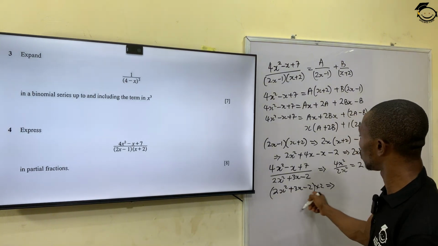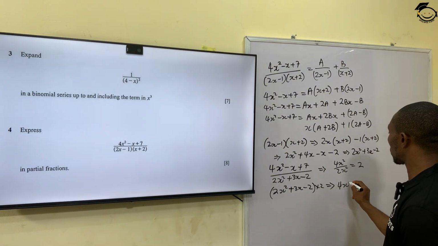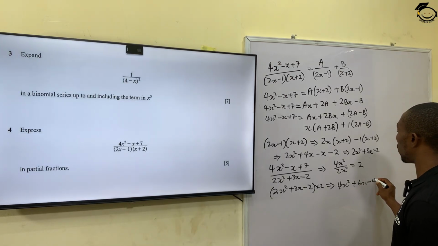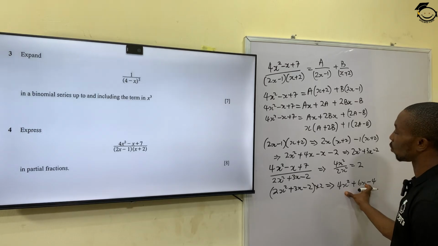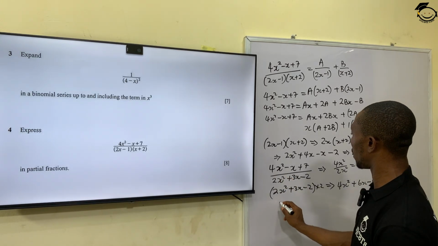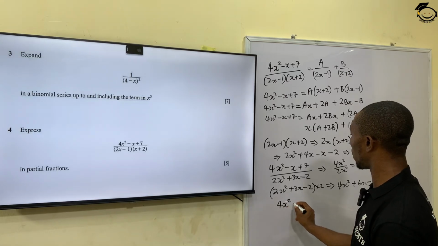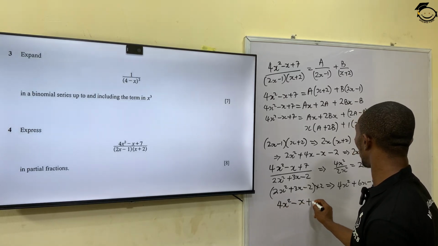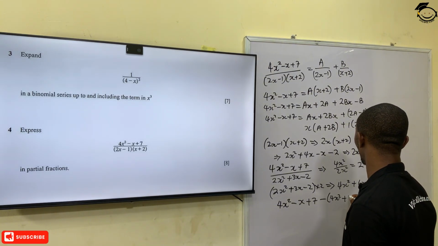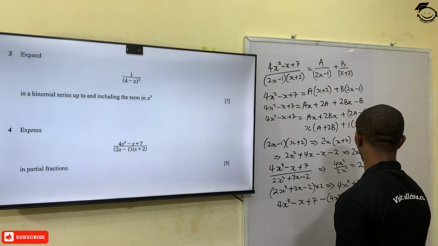We'll have it as 2 times 2, 4x squared plus 6x minus 4. Now, this will subtract from our numerator. So now we'll have it as 4x squared minus x plus 7 minus 4x squared plus 6x minus 4.